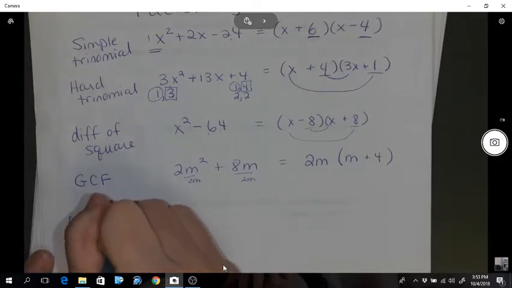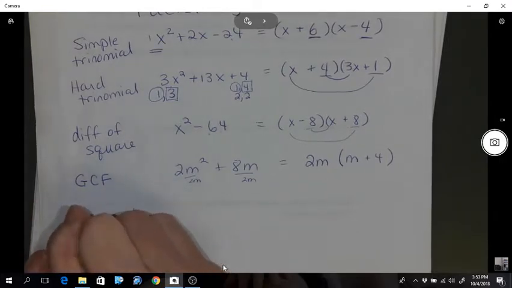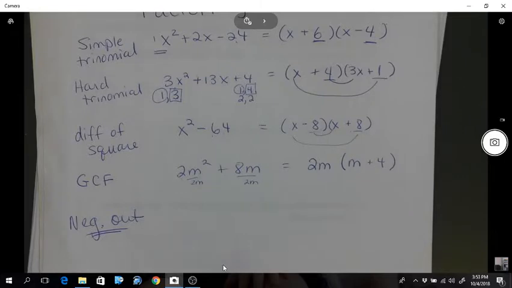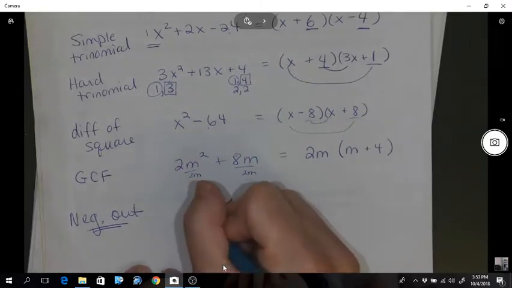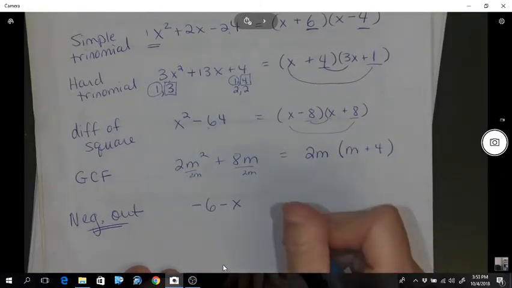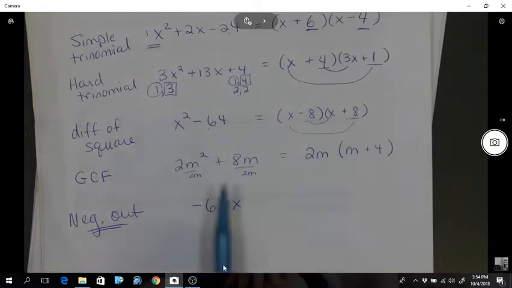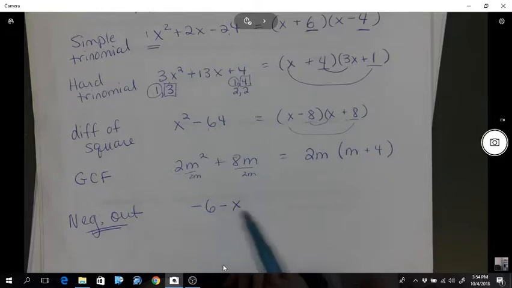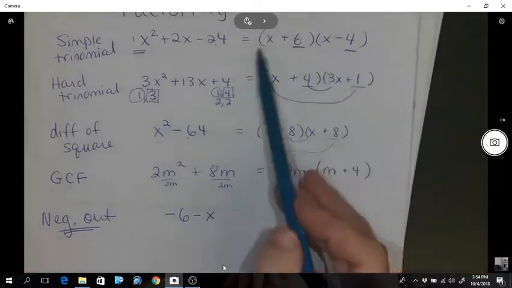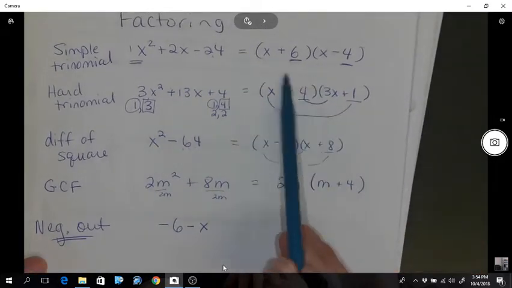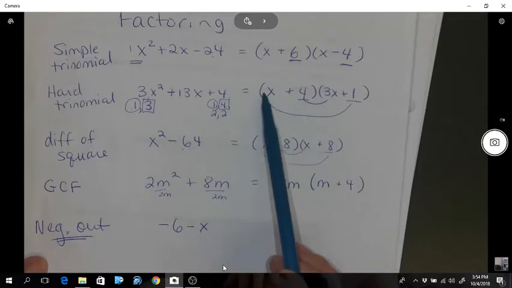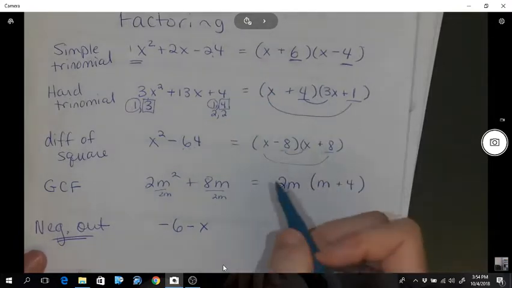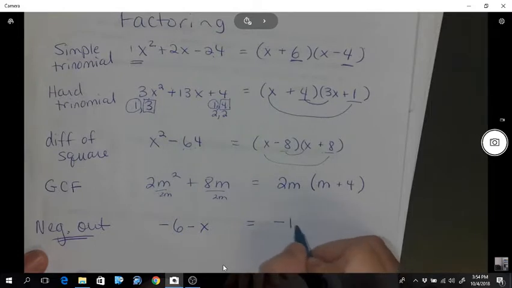And here is the last style you're going to see. This is new, negative out. Okay, so in this, you can see that when I'm dealing with my x, it's a negative. And you can see all these other factors start with an x, not a negative x. So here's what I'm going to do. I'm going to pull out a negative 1.